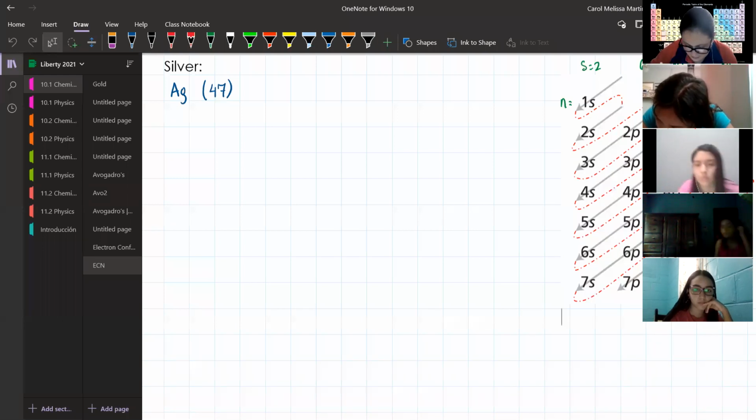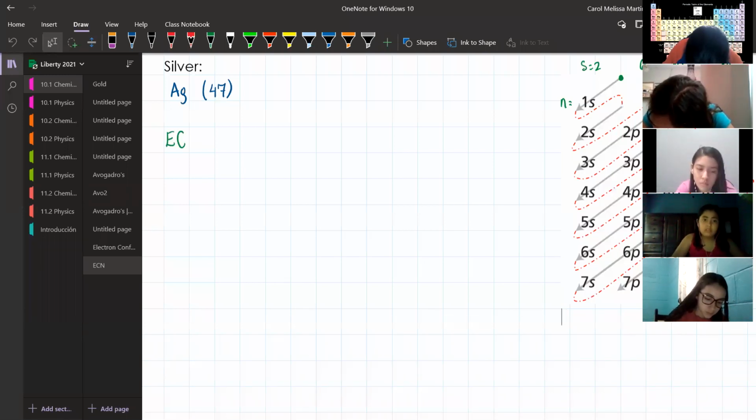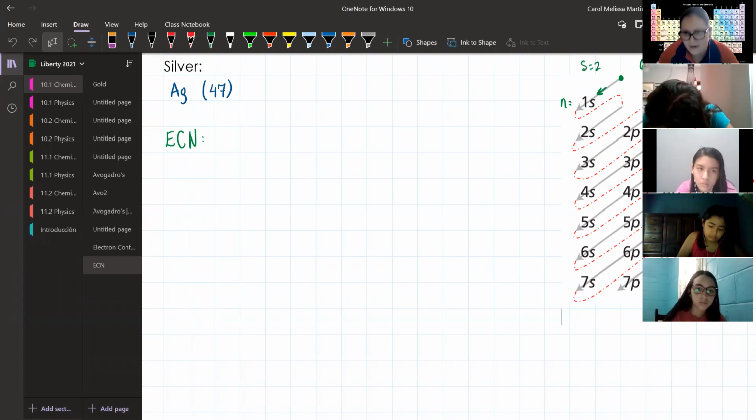As we said, we need to start from the beginning, right? So the electron configuration, I simplify it as ECN. So the electron configuration notation is going to be, we begin here, and we say, okay, 1s is 2, continue, 2s is 2.